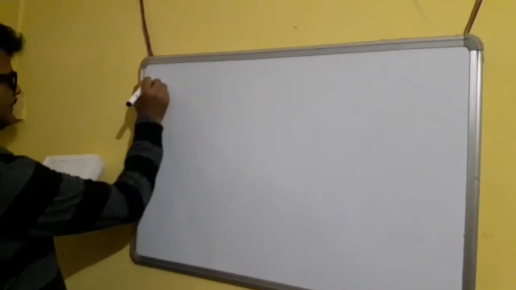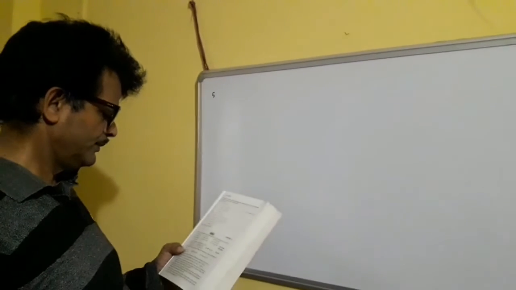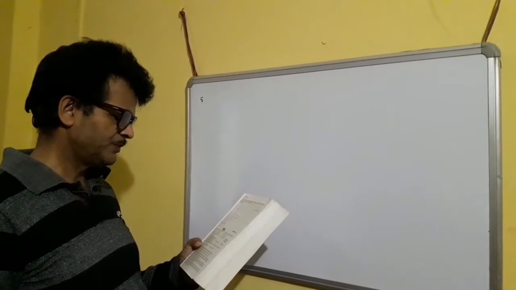So let us take question number 5. Find the HCF of two numbers 963 and 657 and express it as a linear combination of them.